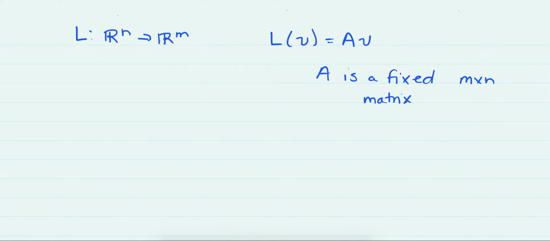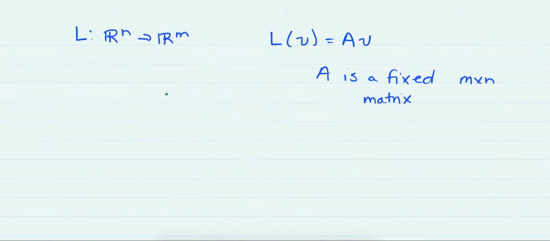So any linear transformation you can think of that takes Rn to Rm, I can find a matrix that we can multiply every vector in our vector space Rn by on the left and get a vector in Rm.